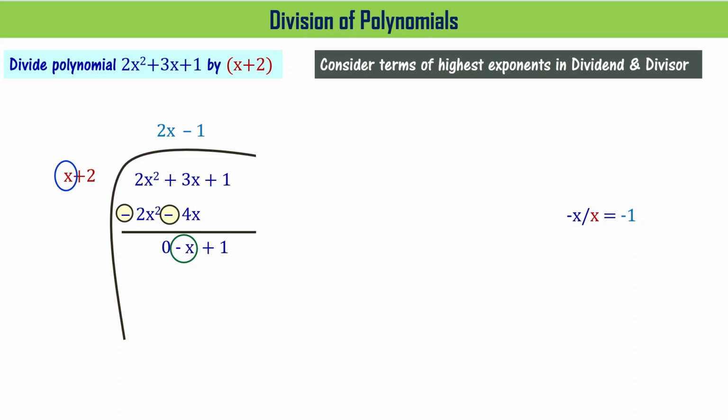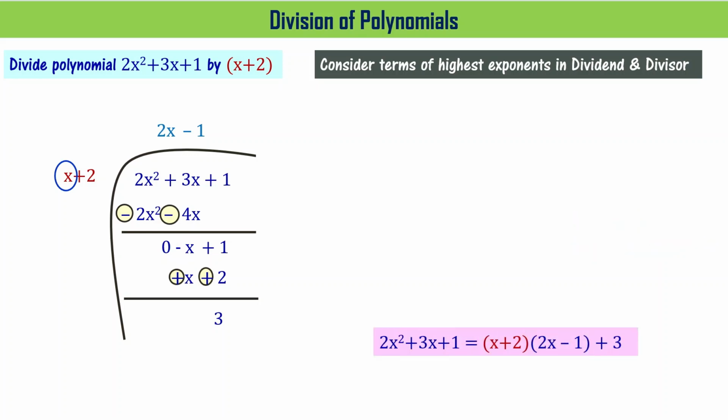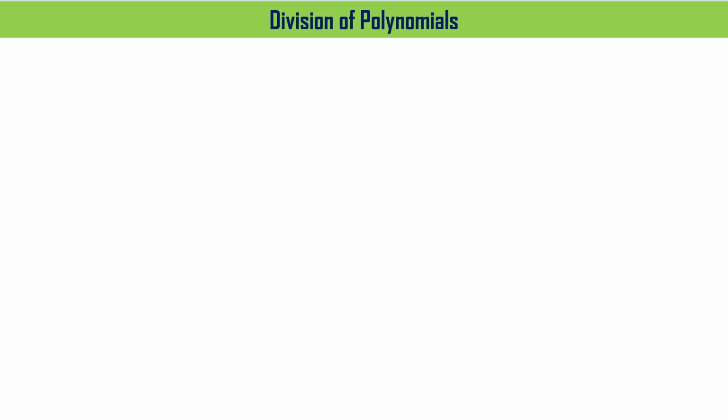And let's multiply the divisor with minus 1 such that you get minus x minus 2 as the answer. That has to be subtracted from the previous expression. When you do that, you get plus 3 as the remainder, right? It means 2x square plus 3x plus 1 can be written as x plus 2 times 2x minus 1 plus 3, right? Please take a note of this.